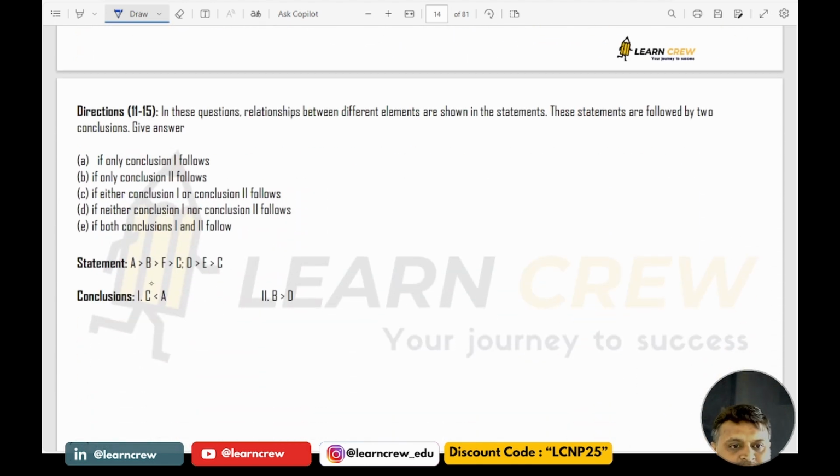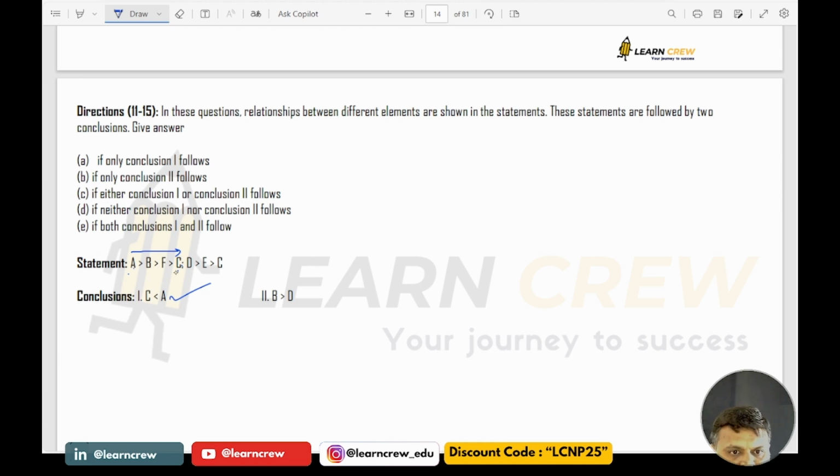Next one, A greater than B greater than F. Between C and A, what is the relation we have? C less than A is the relation. So C less than A is correct.